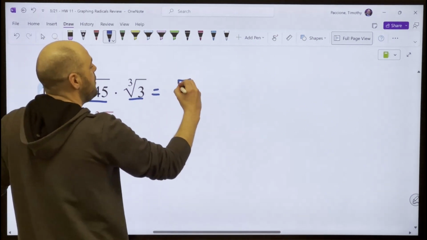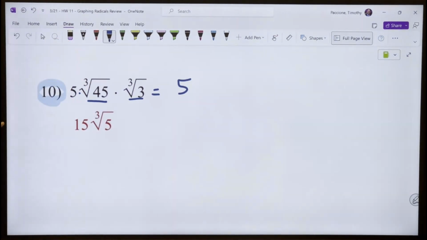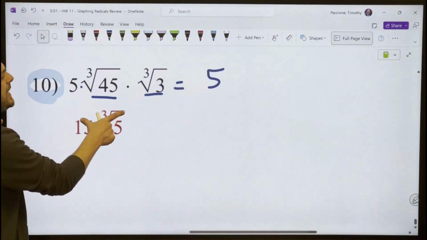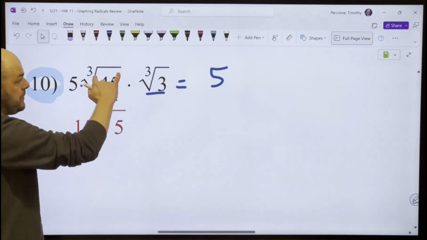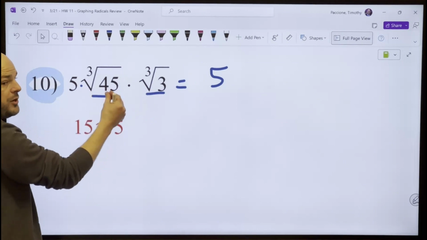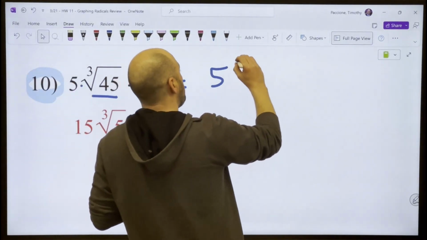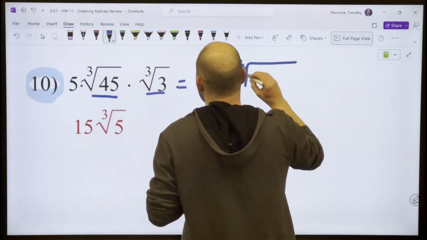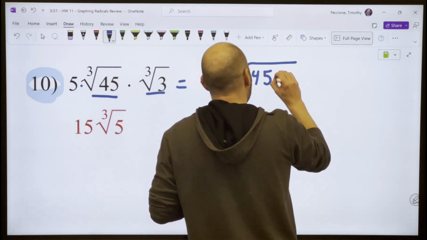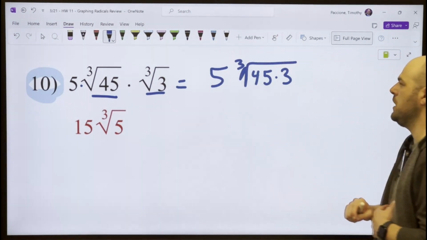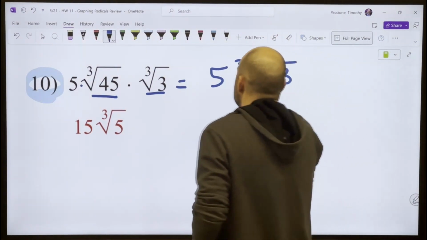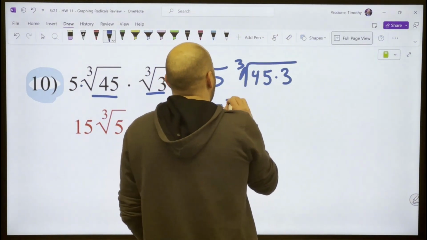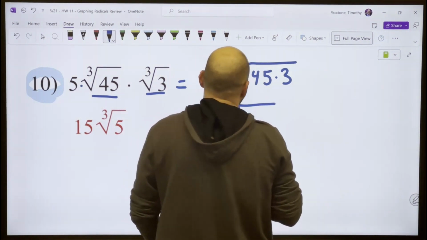The 5 is going to stay out front, okay? Now, because these are the same root, 3, we can combine them. That's the rule. If they're the same root, we can bring them together under the root. So this becomes the third root of 45 times 3, okay? And then we do that math if we would like, okay? 5 third root of, what is 45 times 3?